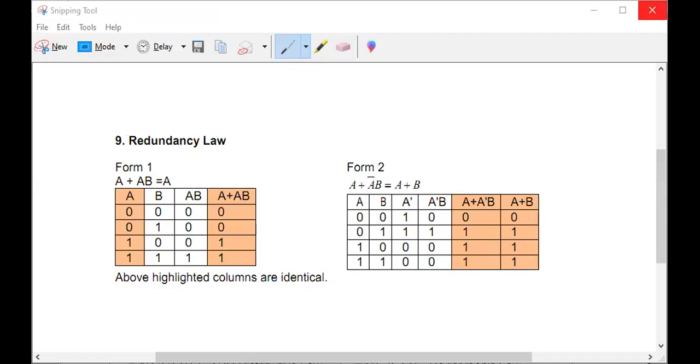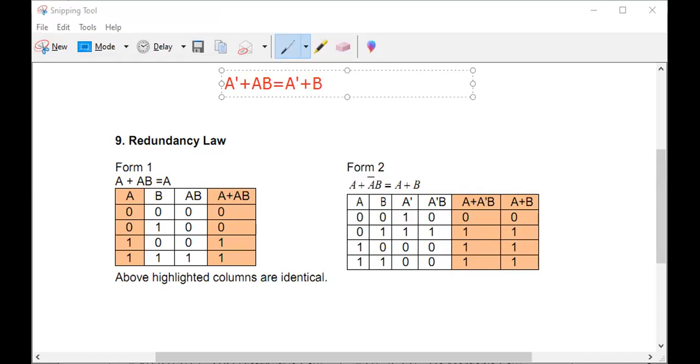I will add another one, similar to this redundancy law. If you get something like A dash plus AB, this can be written as equal to A dash plus B. That is also possible.